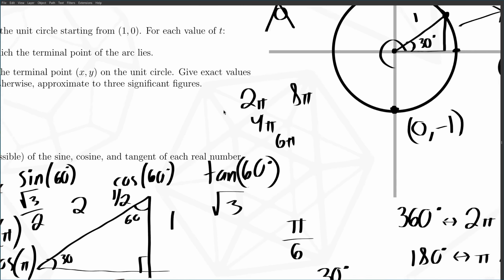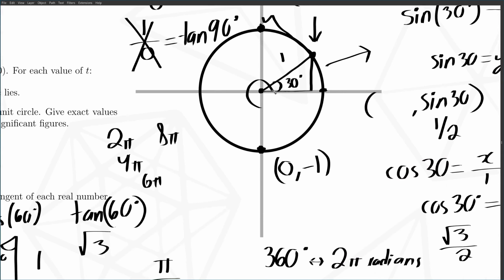Okay, so this is a little easier. We would go these 180 degrees or pi radians, and we would end up here. Okay, let's observe the x and the y. The cosine here is going to be -1, since the x is at -1. And the sine is going to be 0.